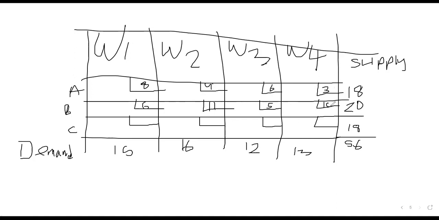We have a 10. We have a 3. We have 8, 7, and 9. So the least number is a 3.